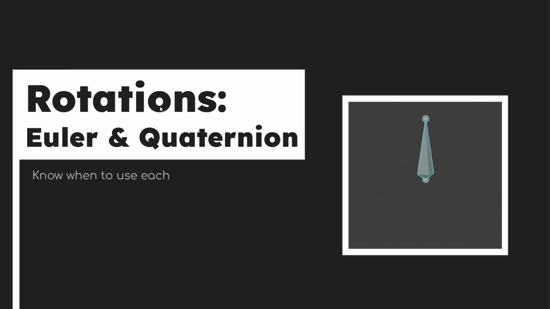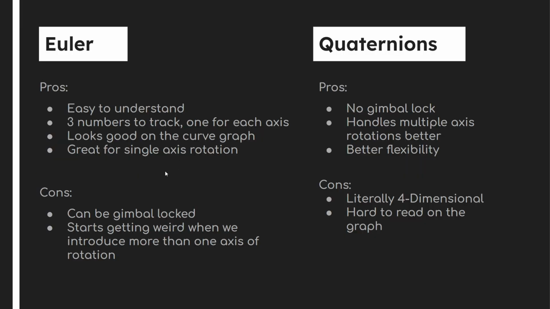So rotations. This is a topic that I feel like should be discussed right away. By default in Blender, we have Euler and Quaternion, and it's important to know when to use each. So Euler is easy to understand. It has 3 numbers to track, one for each axis.